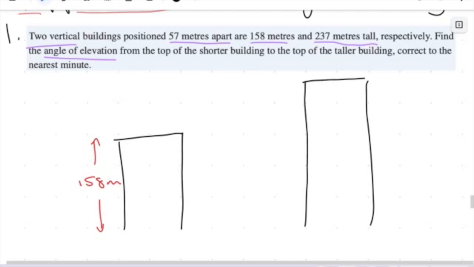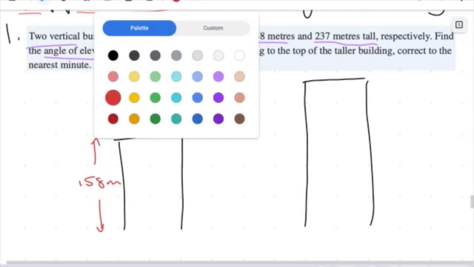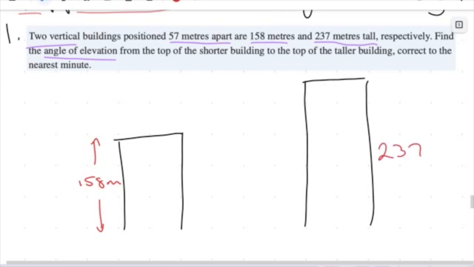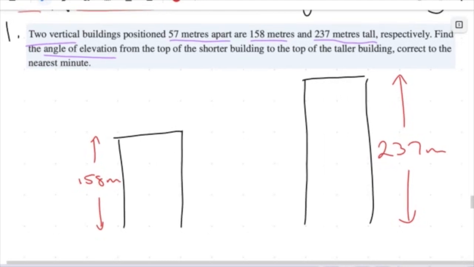And that is a height of 237 meters. Okay, cool. And we also have that they're positioned 57 meters apart. So the distance between these two buildings is 57 meters. Okay, sweet.